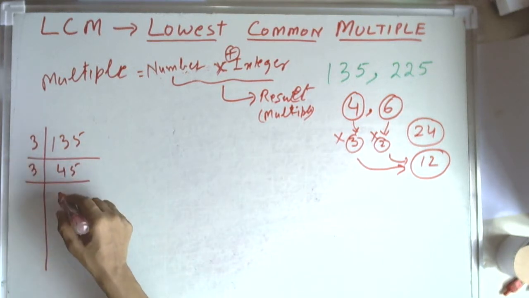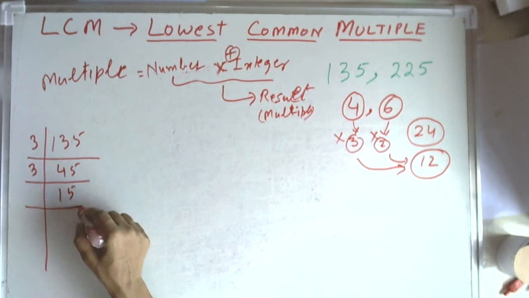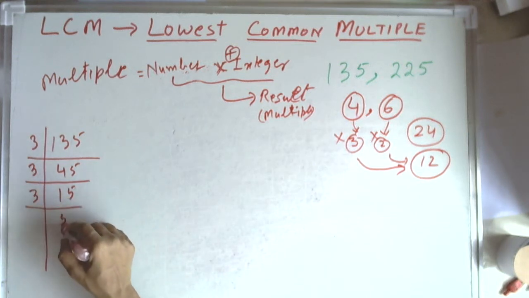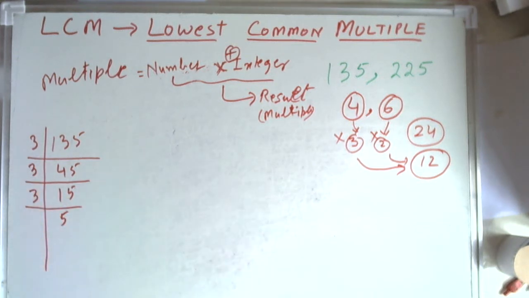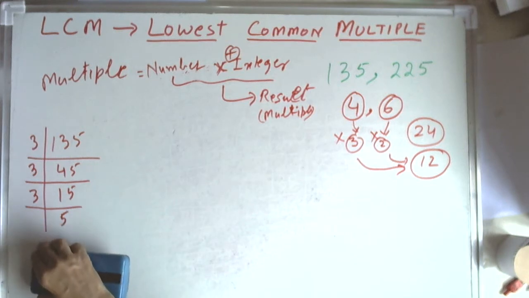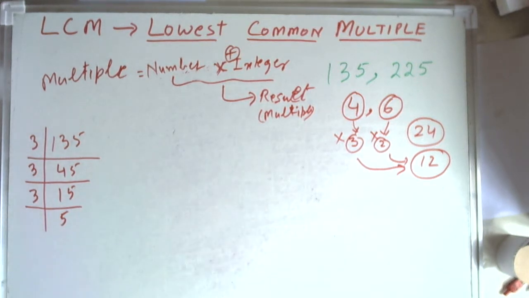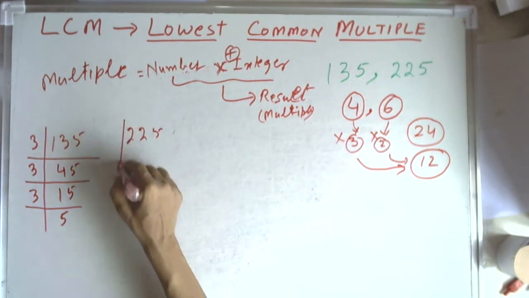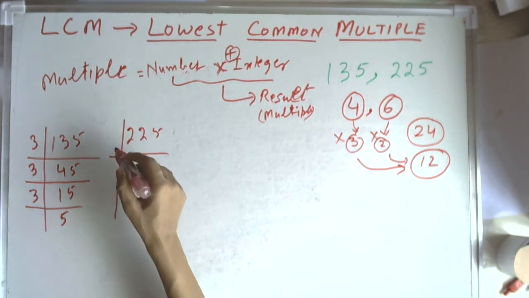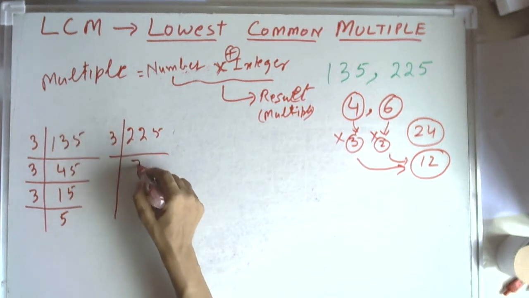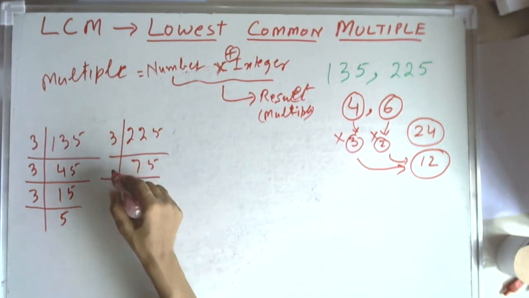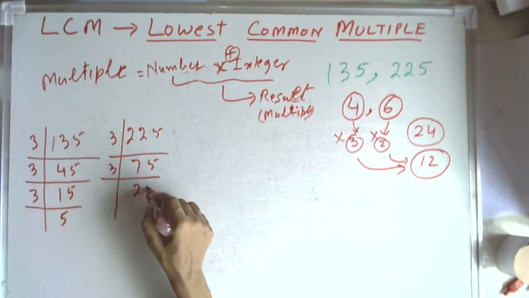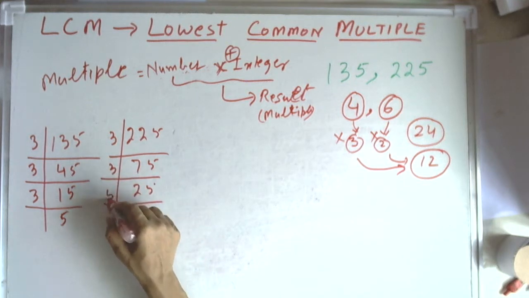Again, we will get 3, 15, 3 and 5. Then we do similarly for 225. So we get 75, 25, and after that 5 and 5.